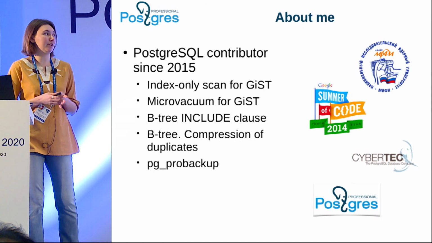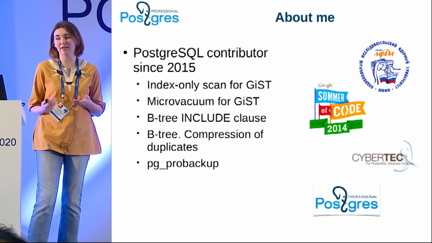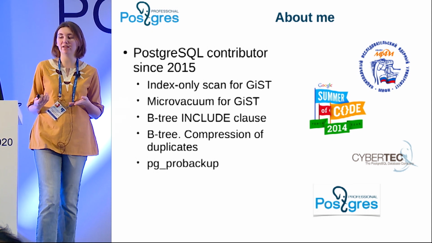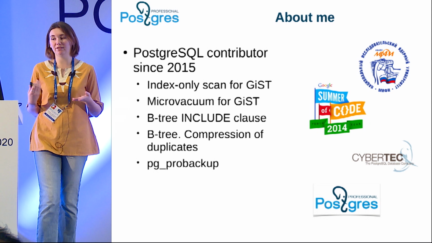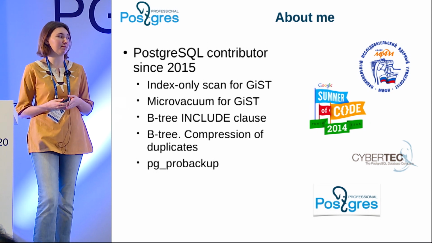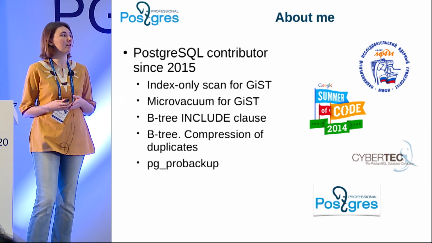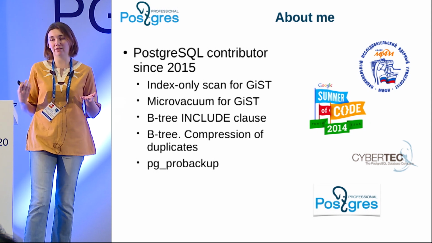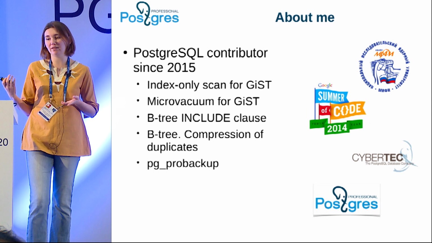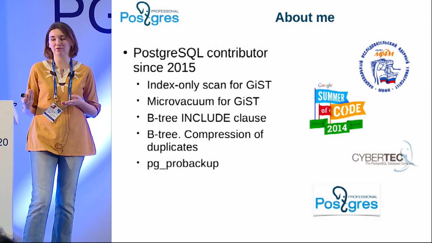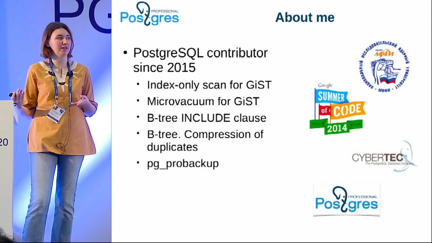So a little bit about me. Let me introduce myself. My name is Anastasia. I work in a Russian vendor company, Postgres Professional, as a Postgres contributor and core developer. I have worked there since 2015, and I contribute to Postgres in different ways.